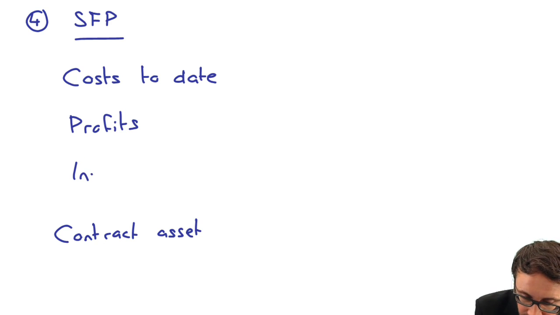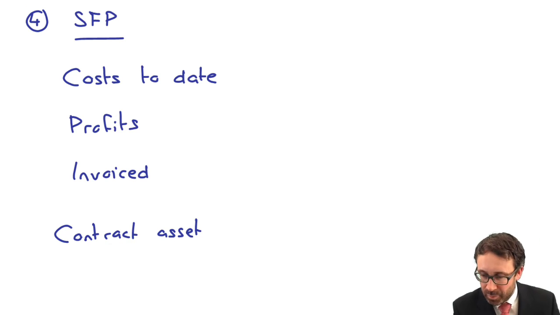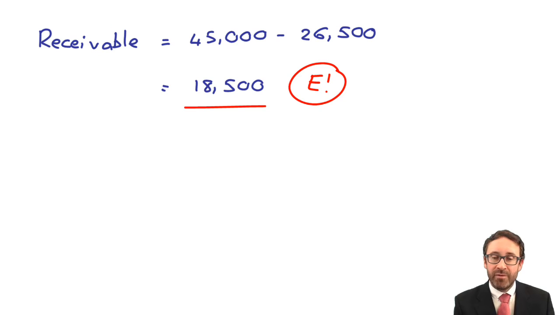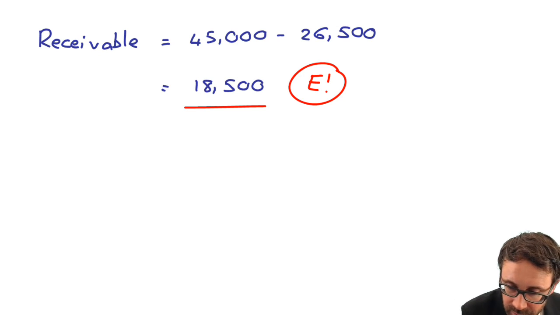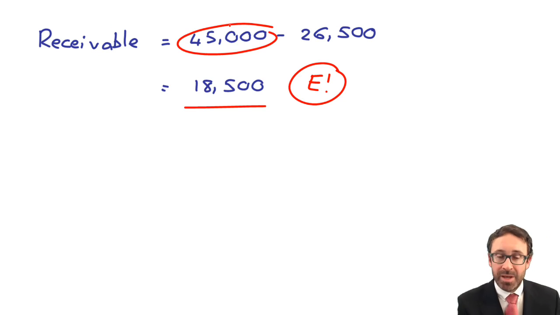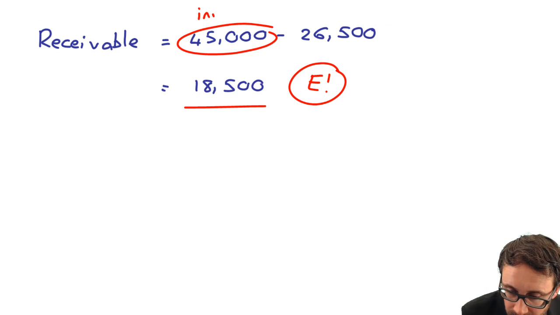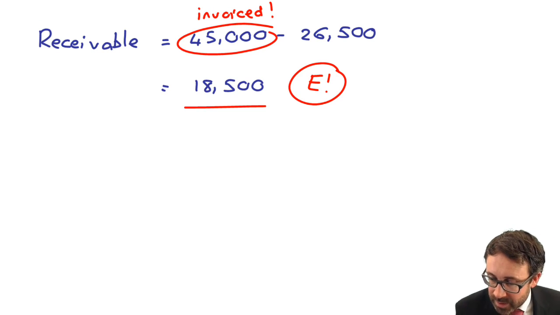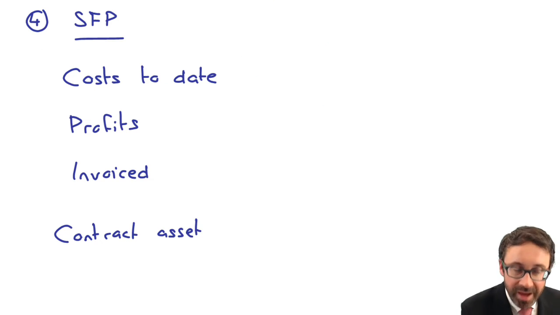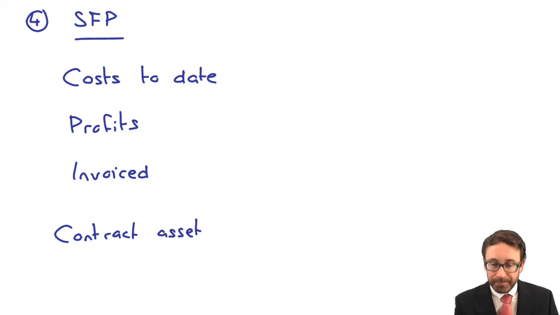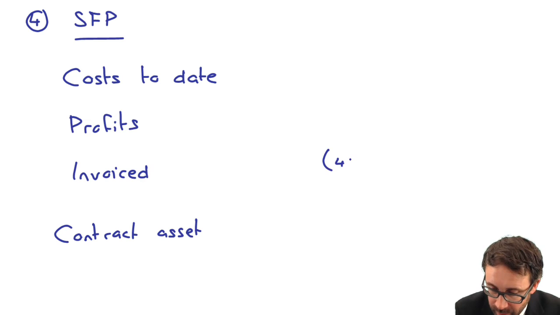We then deduct the receivable. I suppose that's not technically correct because the receivable balance is 18,500. The figure that we're going to deduct is the amount that's been invoiced. The amount that's invoiced is there at 45,000.